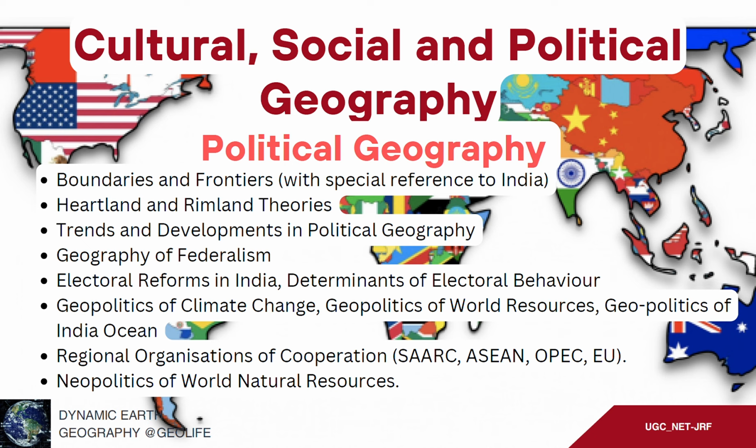And there are many choke points in the Indian Ocean that you need to know. And then regional organizations of cooperation like SAARC, ASEAN, OPEC, European Union, and also the United Nations. So you should know all these organizations. Then geopolitics of world and natural resources is the final topic in political geography.